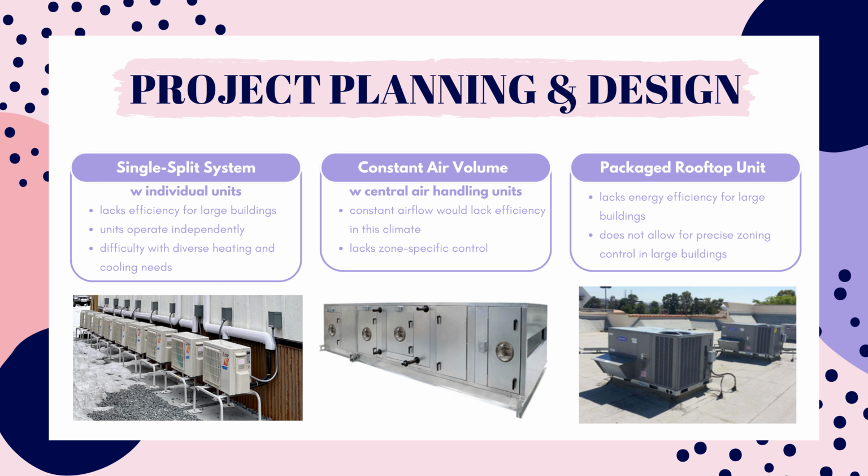And finally, the packaged rooftop unit system may be effective for some buildings, but in this scenario, it does not offer the same level of energy efficiency and precise zoning control as the VRF system, especially in large complex buildings with varied temperature requirements. Therefore, the VRF system best aligns with the requirements of energy efficiency and flexibility for a large commercial building in a location with extreme seasonal temperature variations.